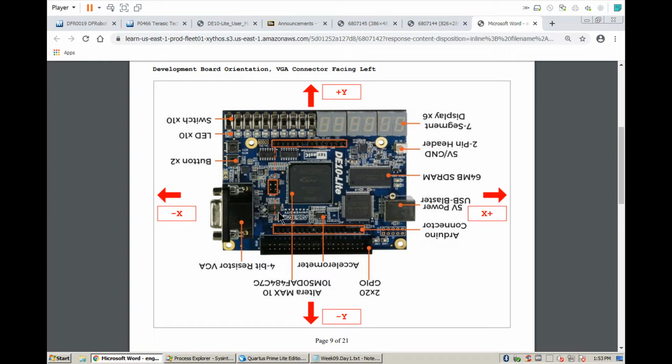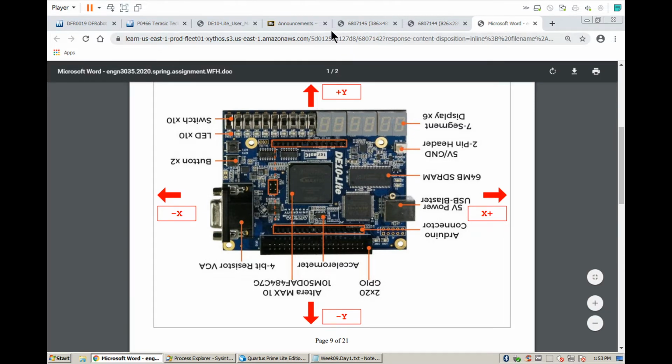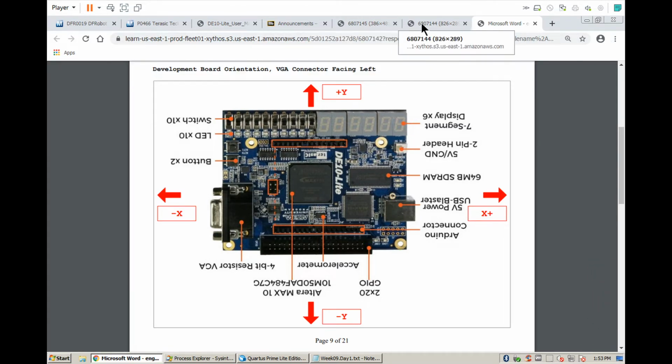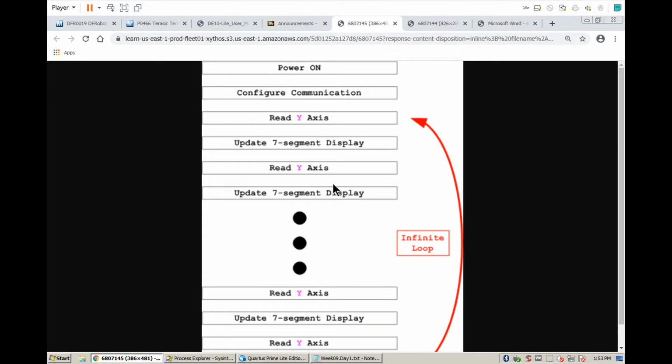The challenge for this assignment is that you need to implement one more command. Let's look at the command sequence, which is this. Last class we talked about you need to implement a command to power on. Yes, Mohammed, any question? No. So command one is to power on the device, configure the communication.